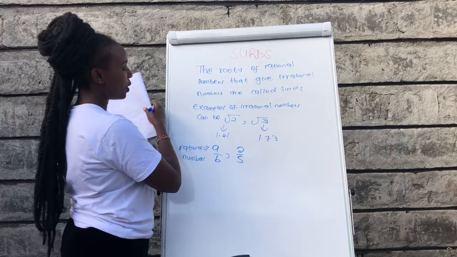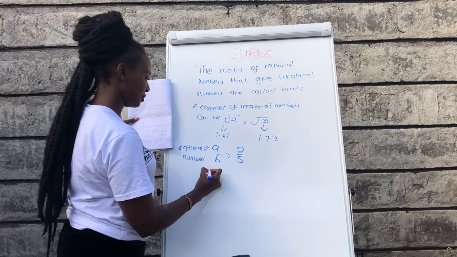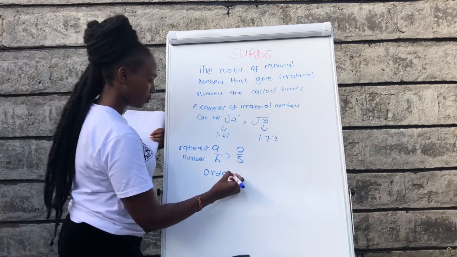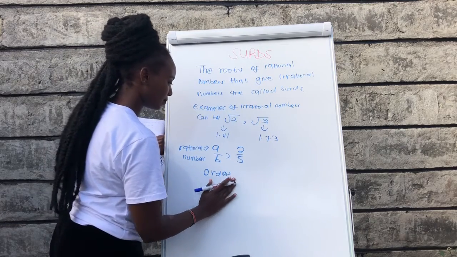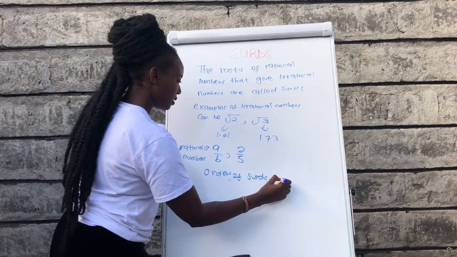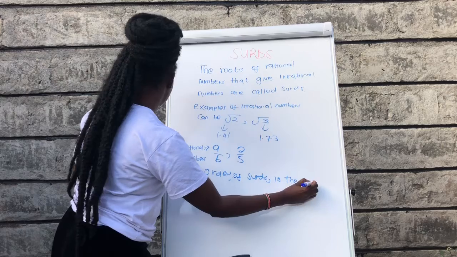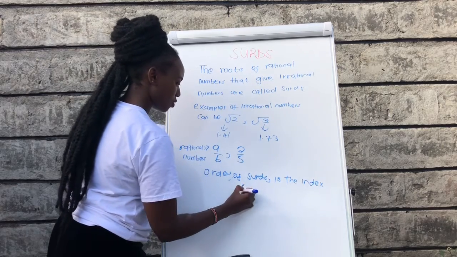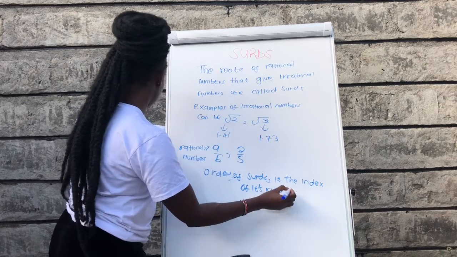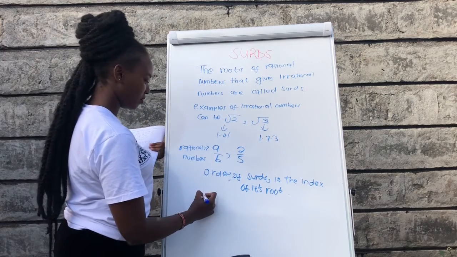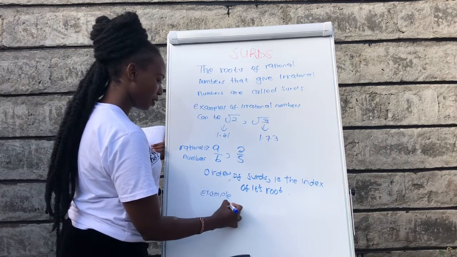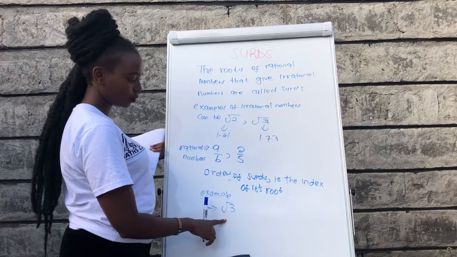So when asked the order, you see that the order of a Surd is the index of its root. So assume you've been given an example to find the order of the square root of 3.